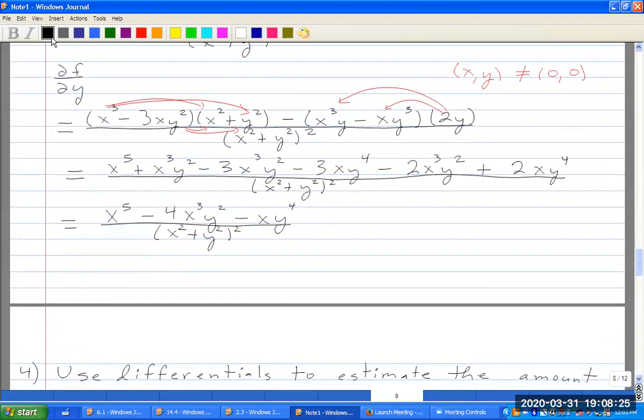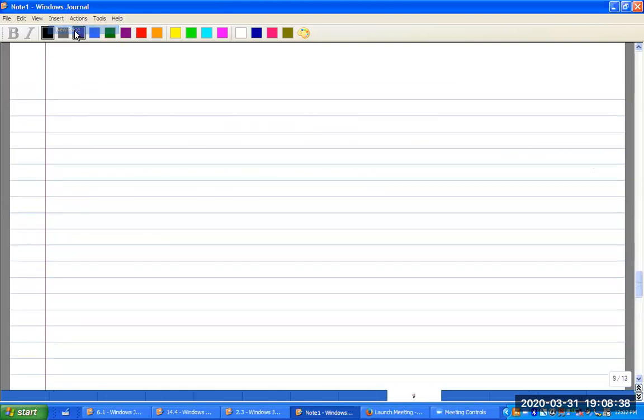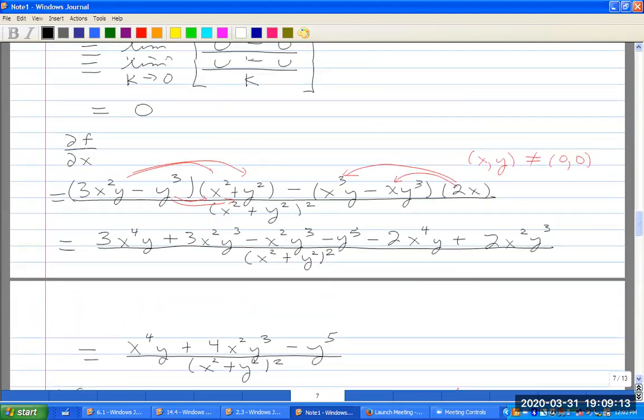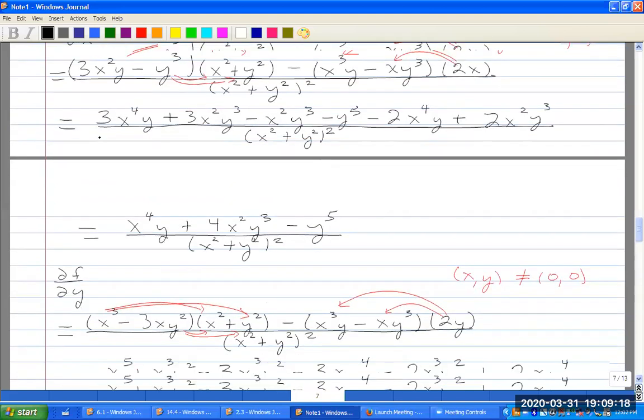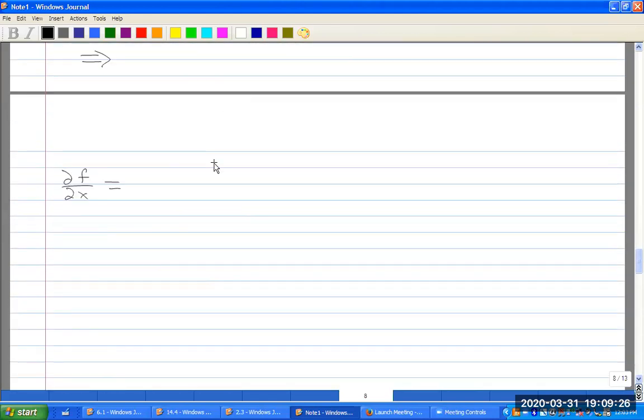So we have the following. I've shown that the partial of f with respect to x is going to equal this if we're not at the origin.